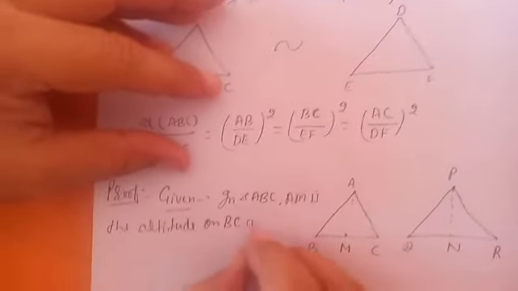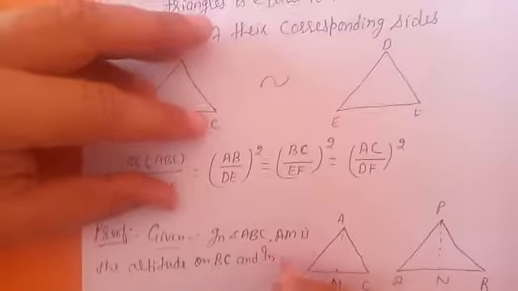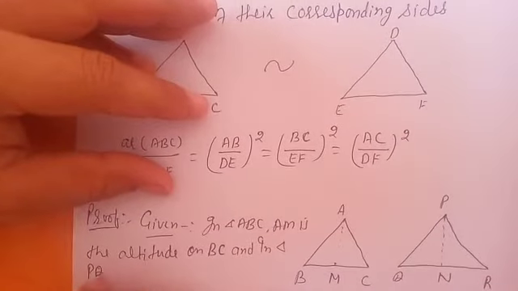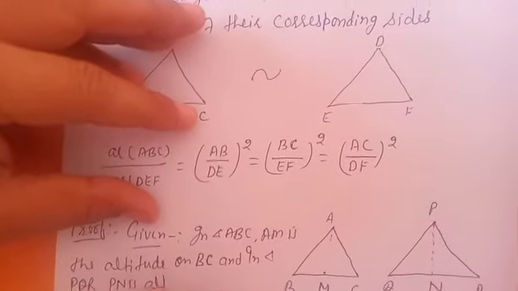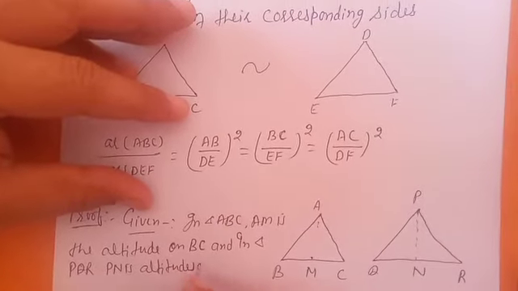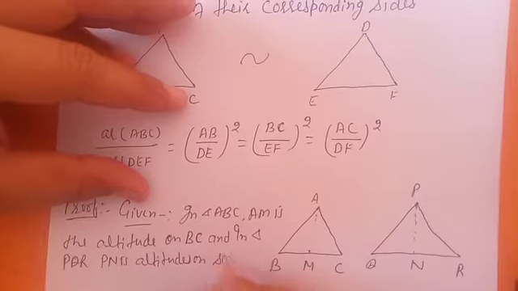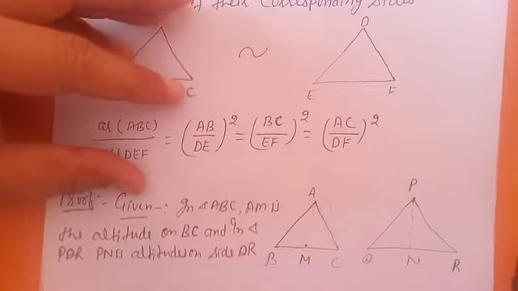AM is the altitude on BC, and in triangle PQR, PN is the altitude on side QR.